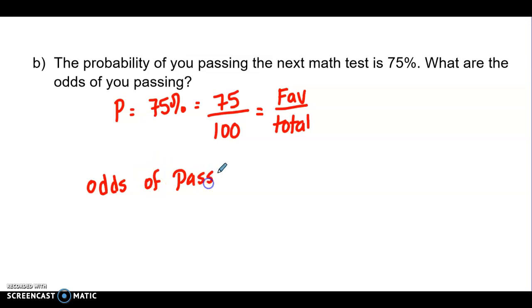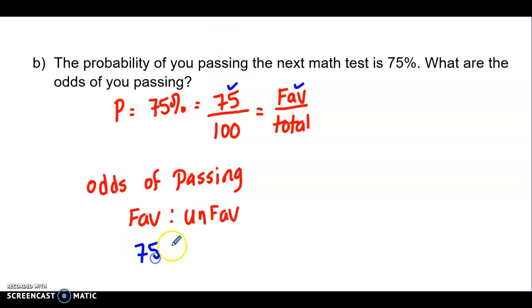So we are looking for our favorable outcomes, which is that we pass the next math test, to our unfavorable outcomes, which means we do not pass the math test. We have our favorable outcomes is 75. We now need the unfavorable outcomes.